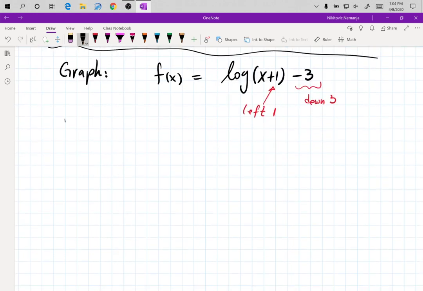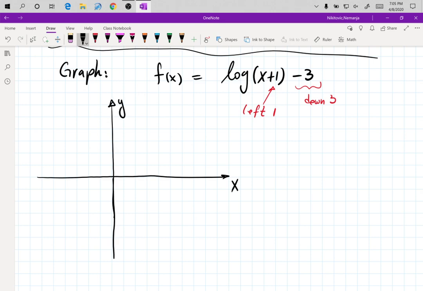To graph this, you can use the x-intercept as the anchor to figure out where the rest of the graph goes. So you have x and y, and you have your basic graph. This is ln x, no one cares about that one. Actually, it's not ln x, it's log base 10 of x.